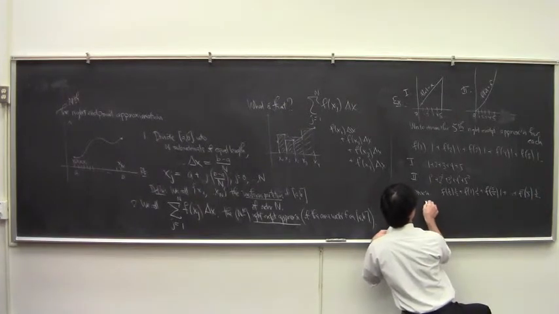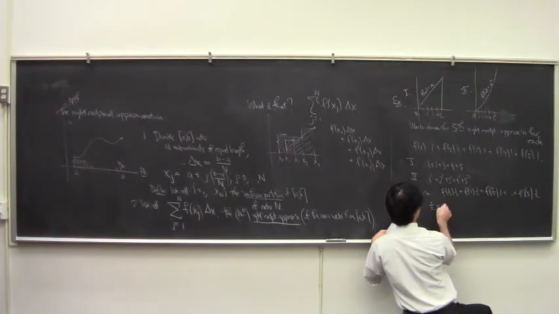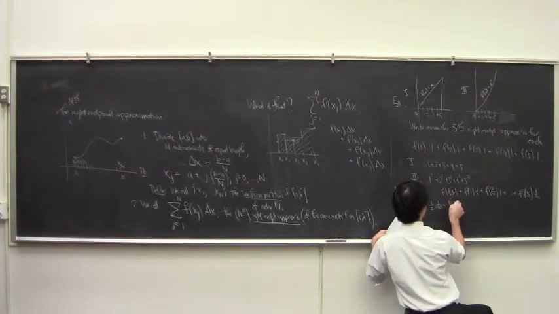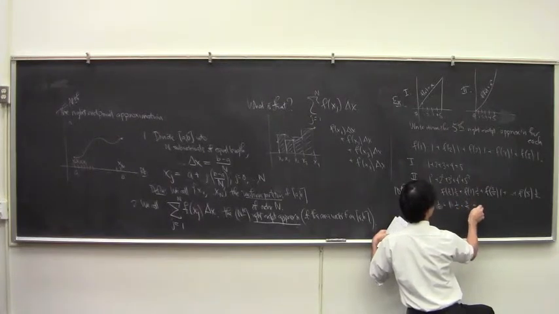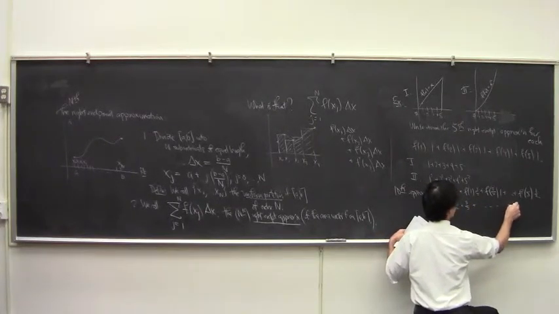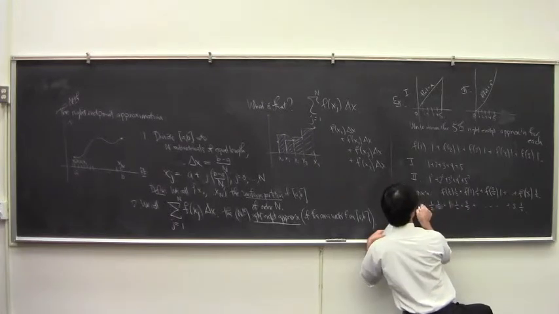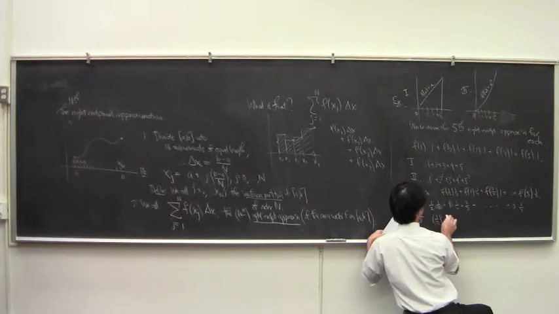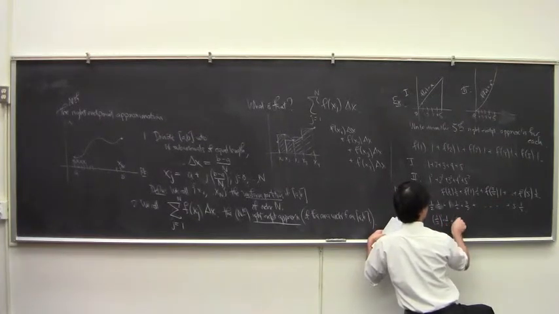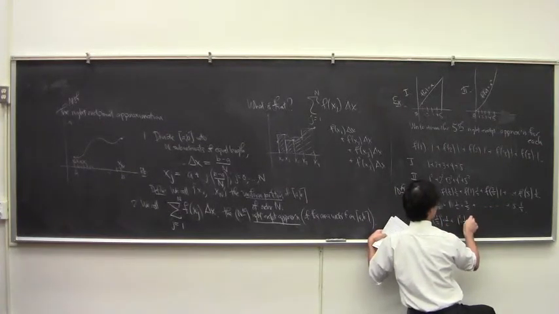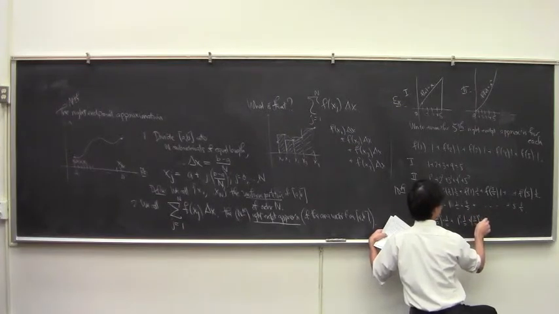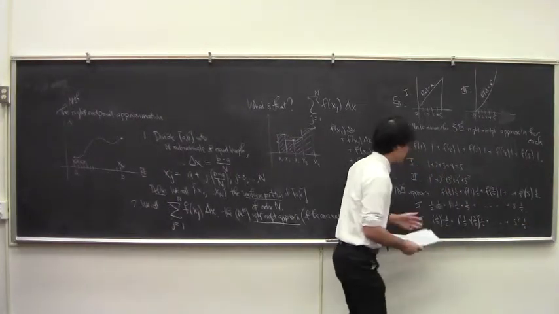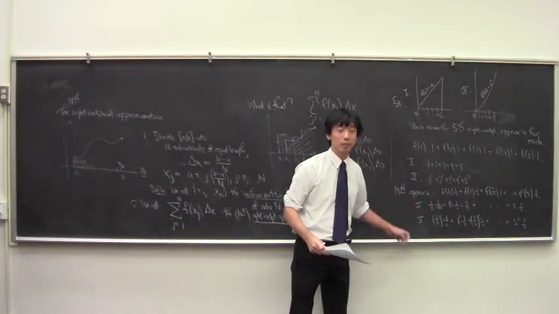So that would give me 1 half plus 1 plus 3 halves, etc., up to 5 for the first one. And for the second one, I get a half squared times a half plus 1 squared times a half plus 3 halves squared times a half, up to 5 squared. So these would be the 10th right endpoint approximations.